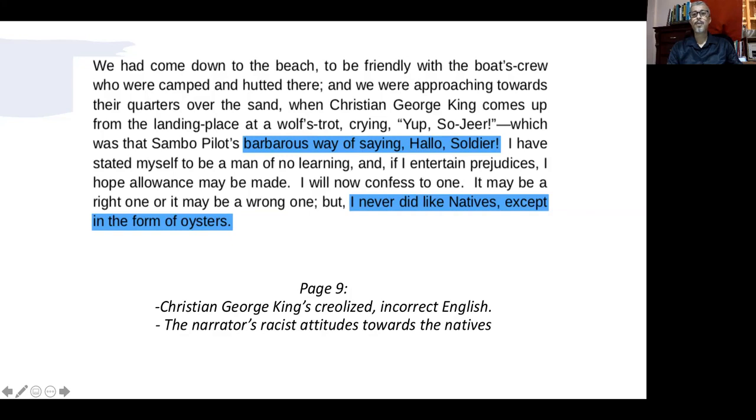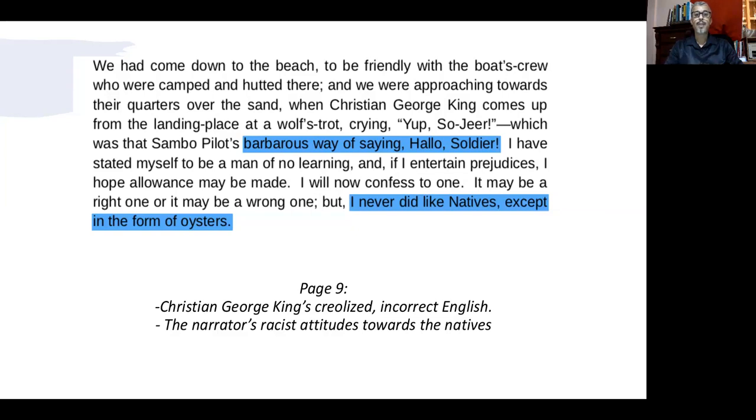So we could notice, ladies and gentlemen, here that there is some kind of racism toward the non-English other. If you look at this here, we had come down to the beach to be friendly with the boat's crew who were camped and hutted there, and we were approaching towards their quarters over the sand. And here is one of the sambos, Christian George King, who comes up from the landing place at a wolf's trot, crying.